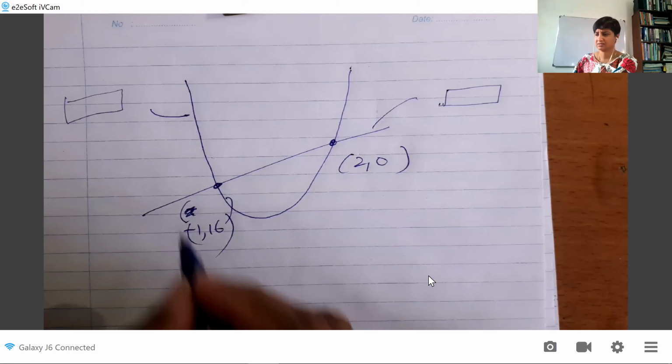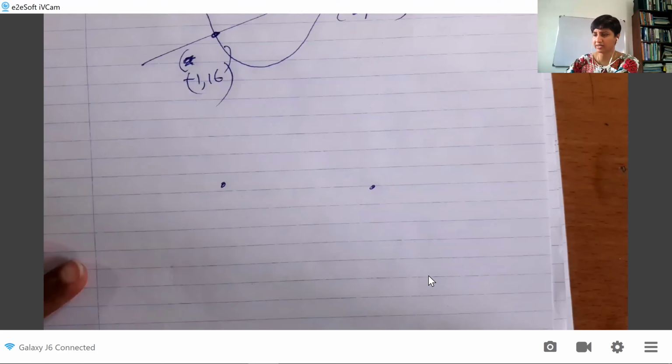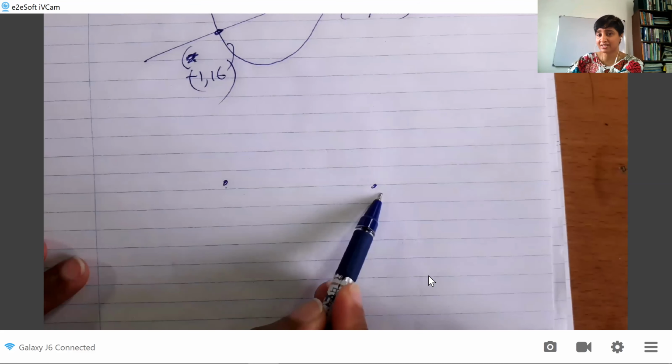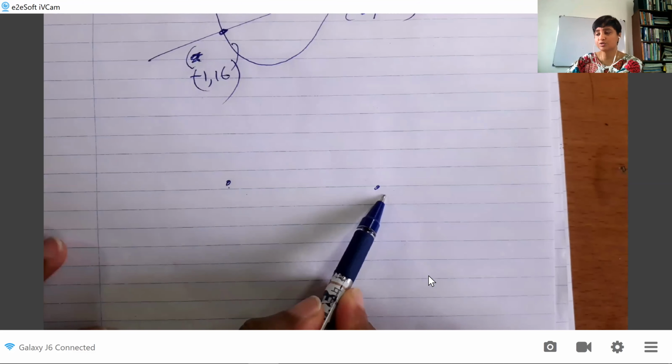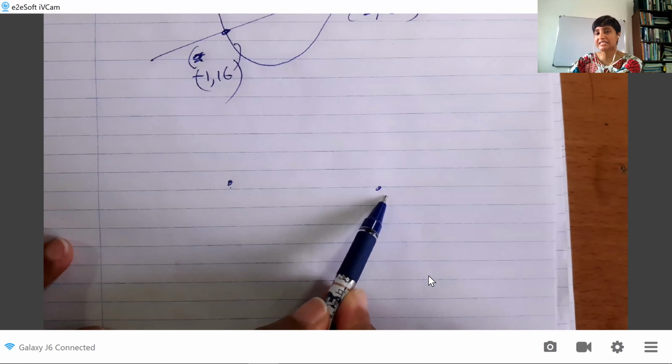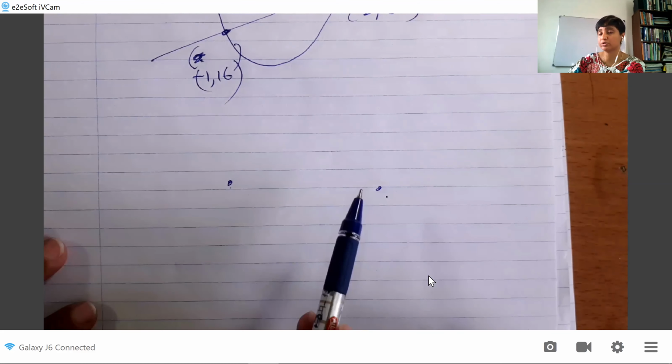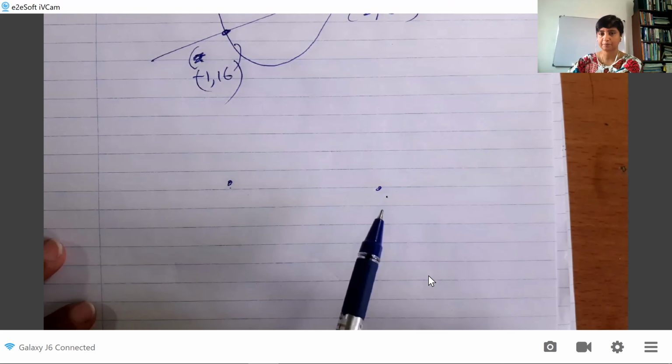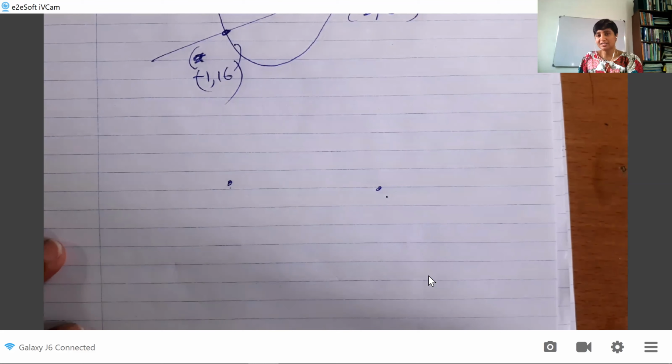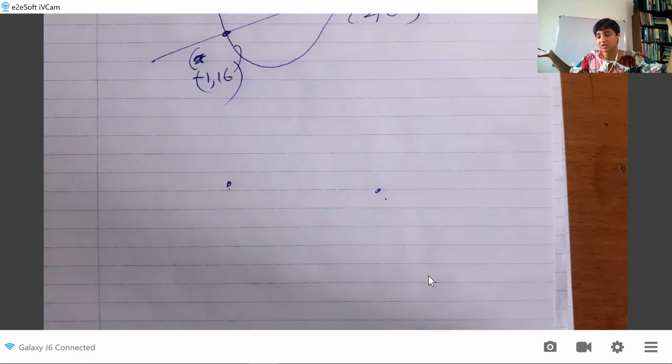And what's the significance of those 2 points? Those 2 points are the intersection points of the 2 graphs that the 2 equations represent. So if you don't get any solutions, that means the 2 curves or lines or whatever don't intersect.